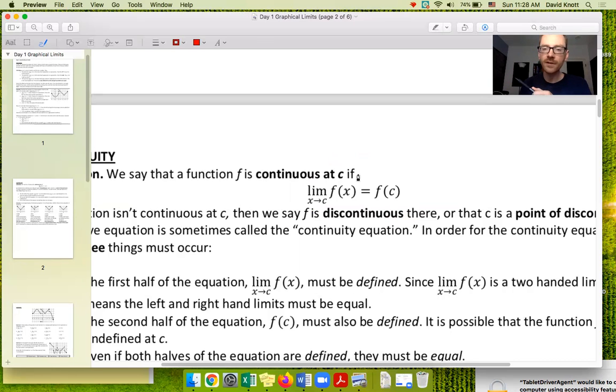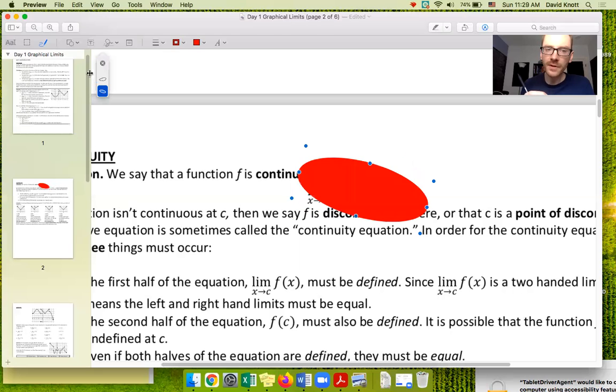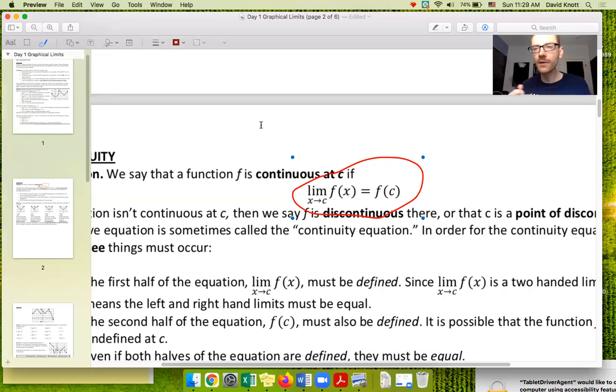How can we understand that this abstract definition is actually just saying no gaps in the graph? So here's the thing. We have to understand the ways in which this equation can fail, like how it can fail to be true, like what can go wrong to make it so that it doesn't hold, that it's false. What can make this equation break?